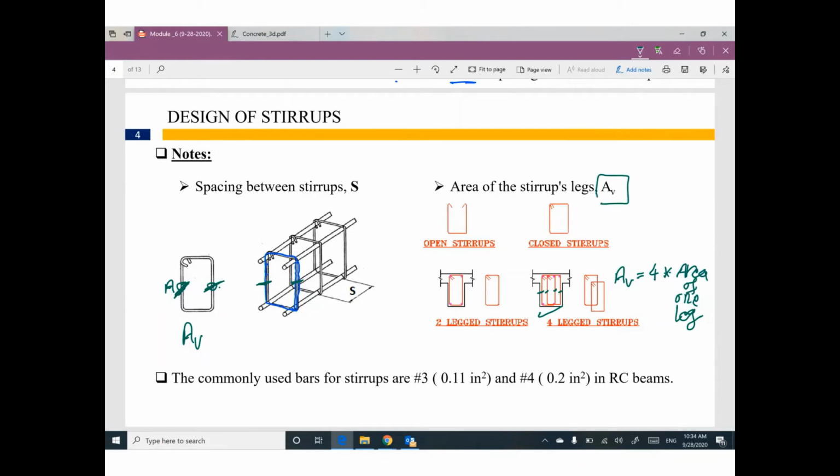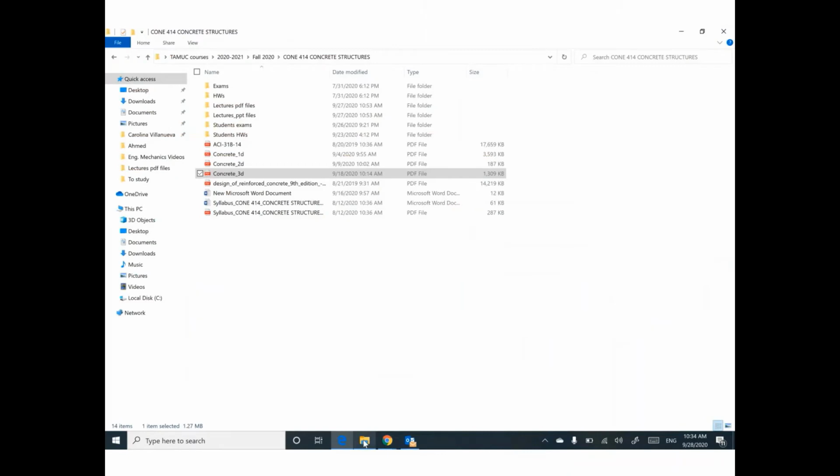Okay, I can figure out how many legs I have. So what is the area of one leg? Based on the size. Most of the time we are using number 3 or number 4 in stirrups. Number 3 has area 0.11. Number 4 has area 0.2. If you cannot remember these values, go back to your table.